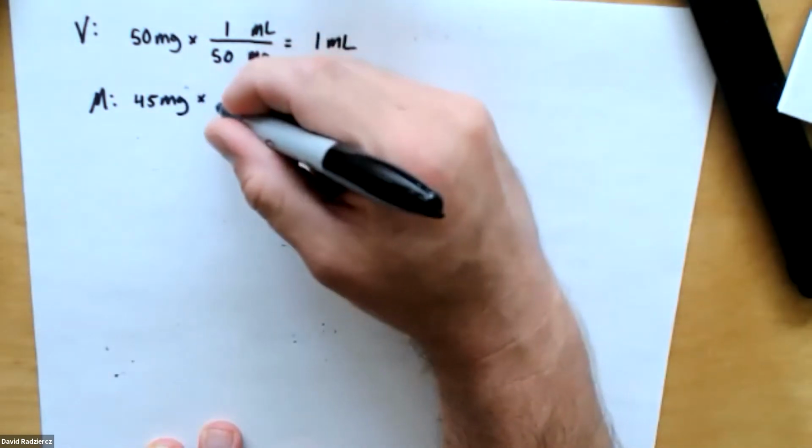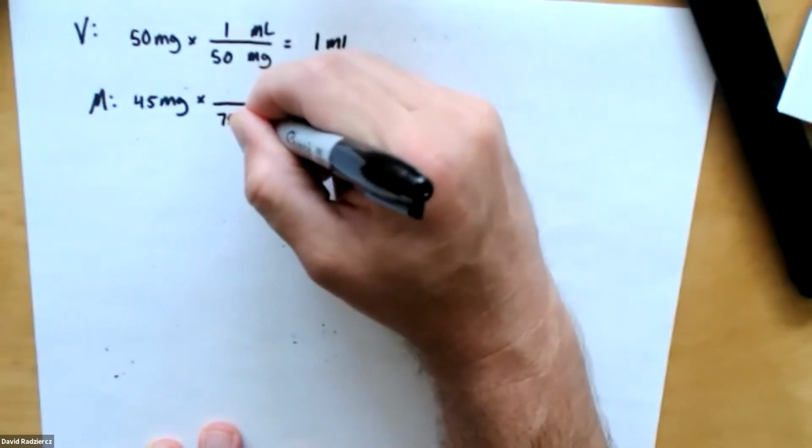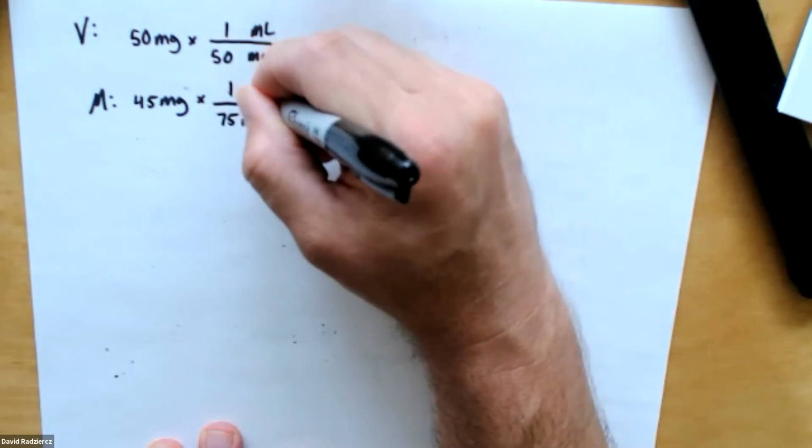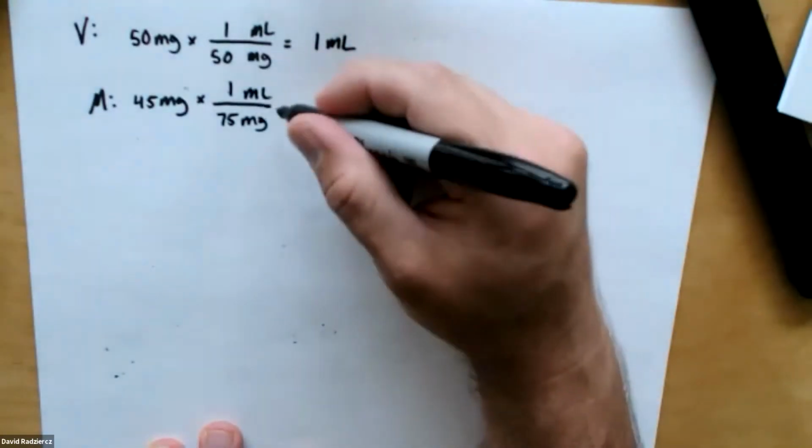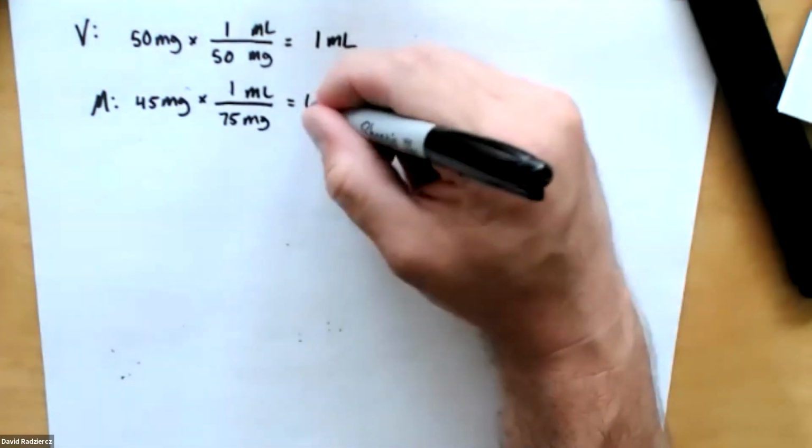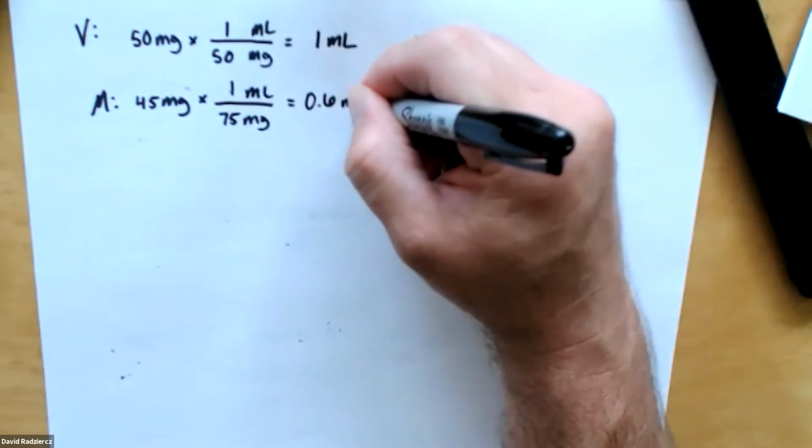Then 45 milligrams for the meperidine. It says it's 75 milligrams per milliliter. I'm going to do 45 divided by 75, and I'm going to get 0.6 milliliters.